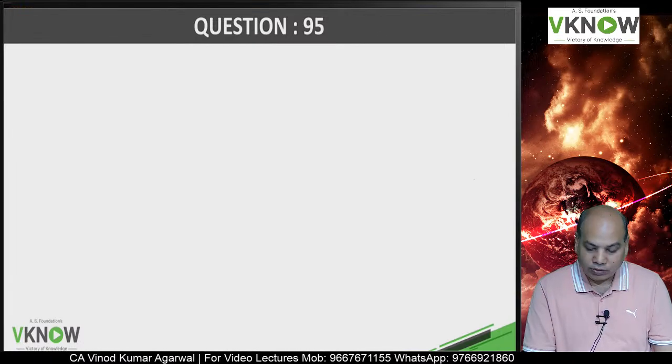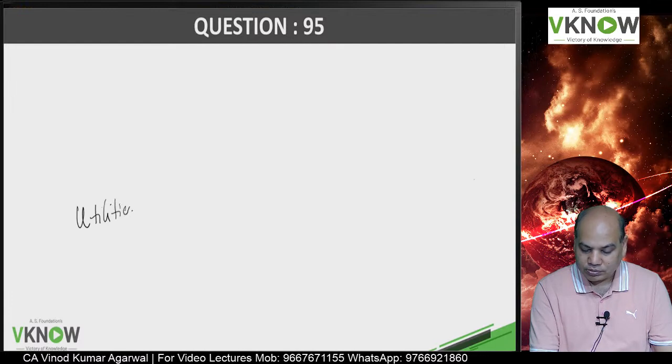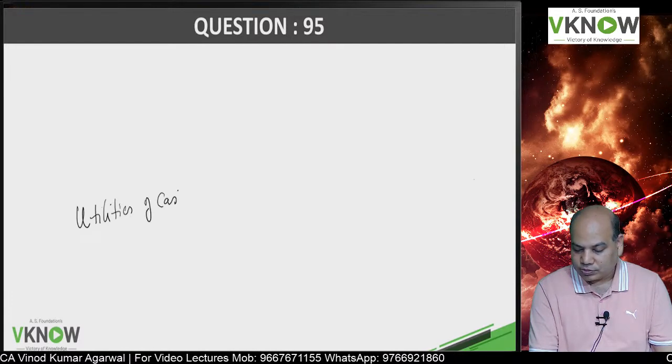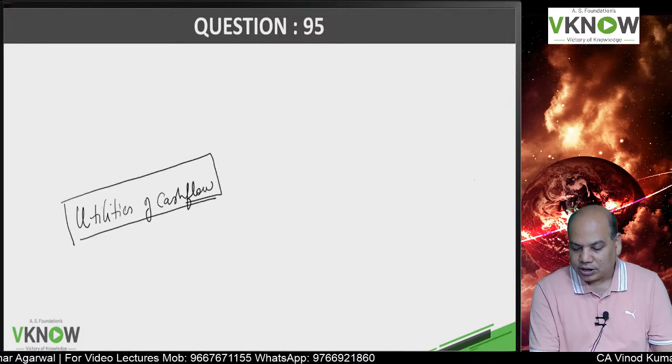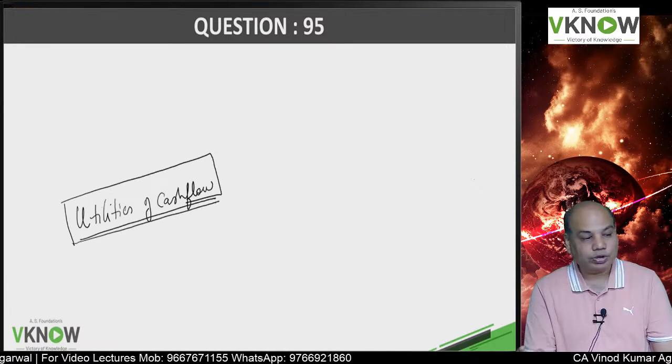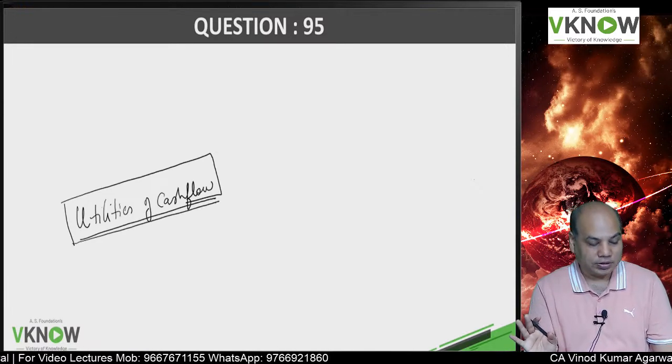So they have added one concept called utility of cash flow. Our study material does not have any theory on that, but the question paper contains one question.